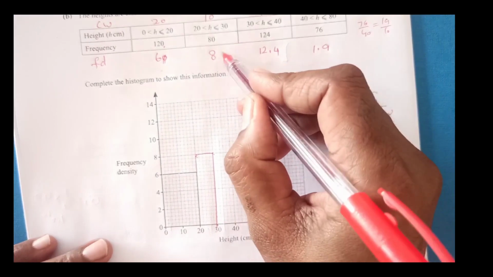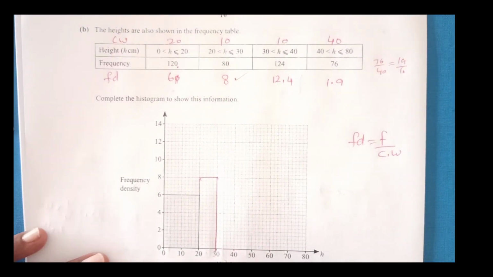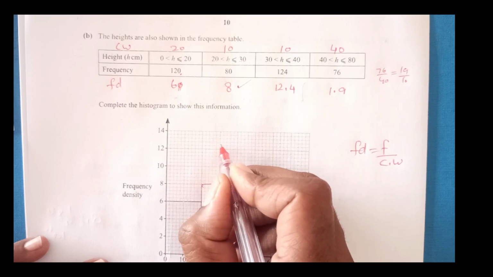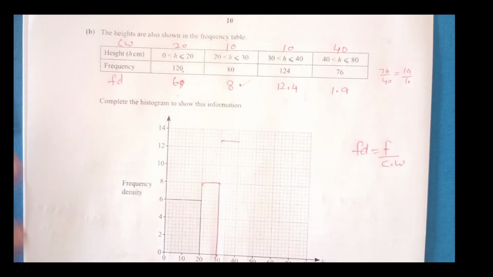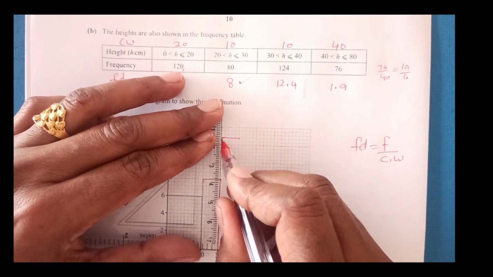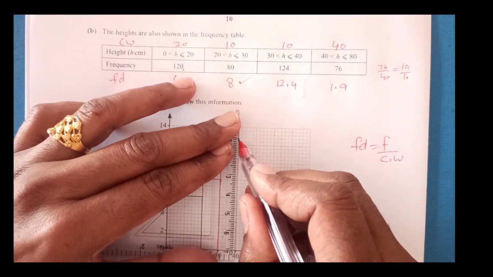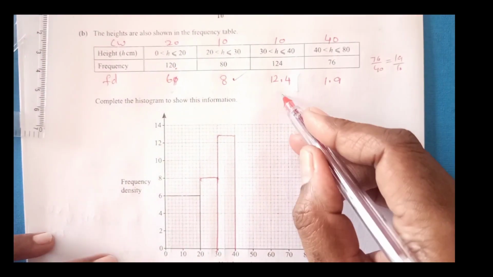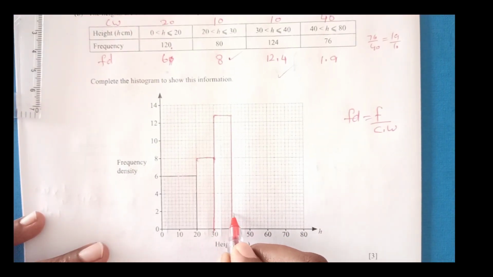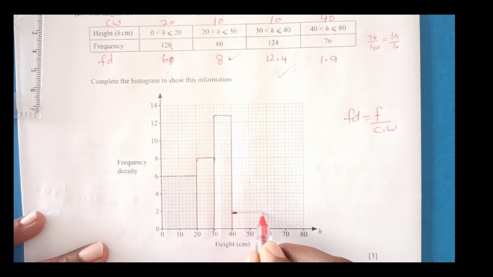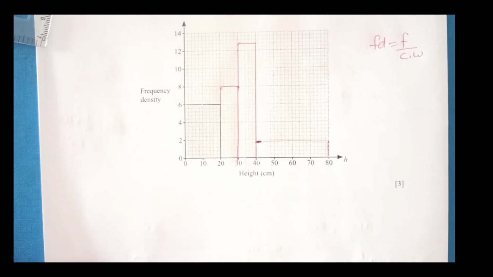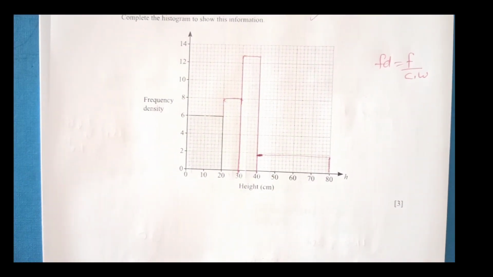Then this is done, then we have 12.4. 12.4 is for 30 to 40, the difference of 10 again here. So this is how you are going to draw over here. And then we have 40 to 80. The height there is 1.9, which is somewhere here. So that's how you can complete the diagram, right?